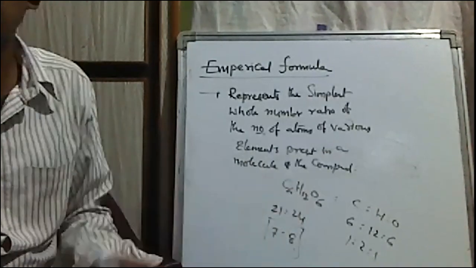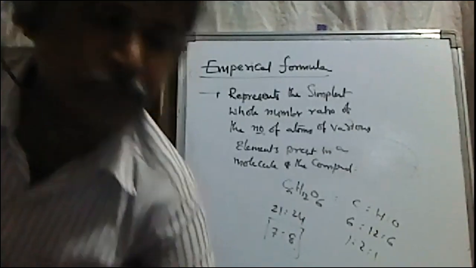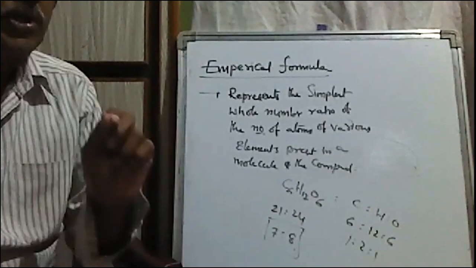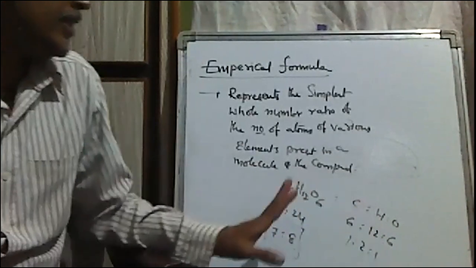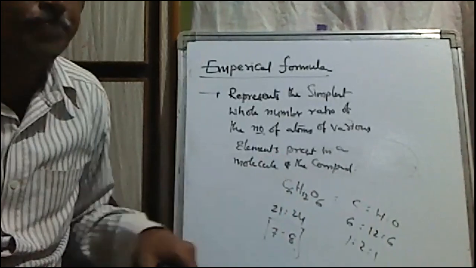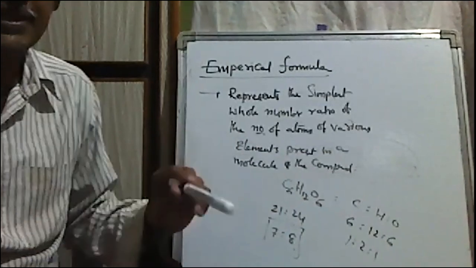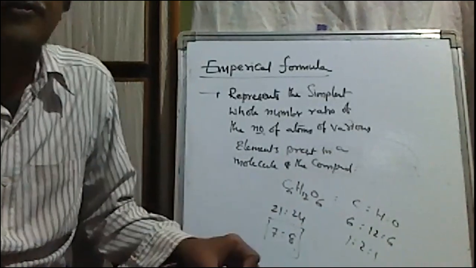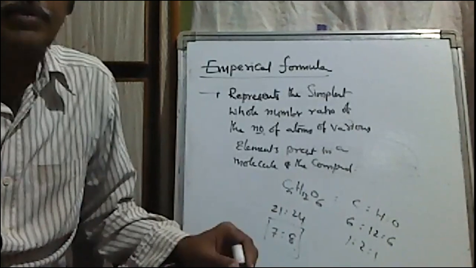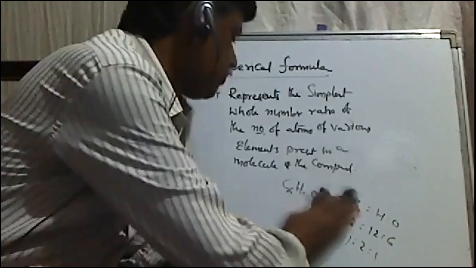The simplest ratio means the simplest whole number ratio of the various elements present in the compound.